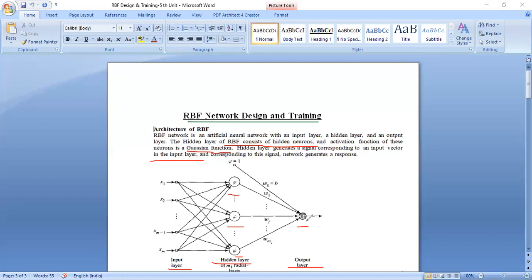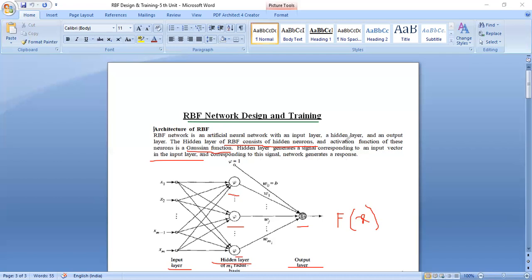The output neuron is a linear function. So what is this output f of x? The output f of x would produce a linear function here. This is the general information about the architecture of the RBF network.